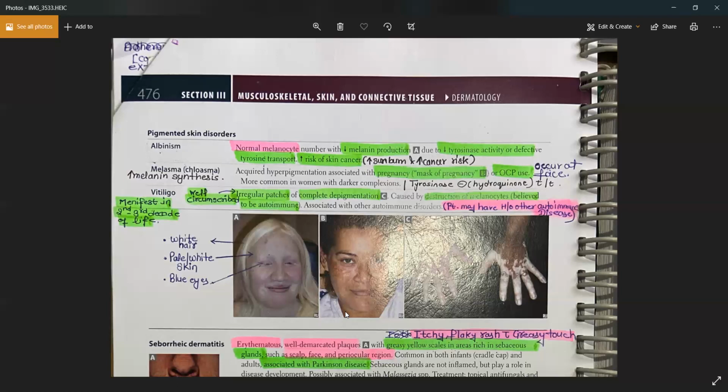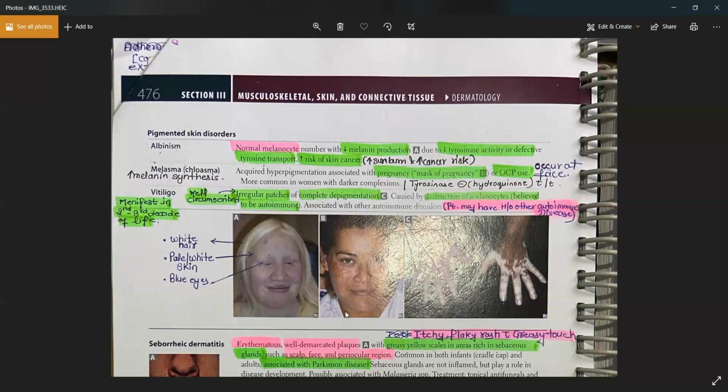Are you sure? It's tyrosine hydroxylase which converts tyrosine into dopa. I'm saying the conversion of tyrosine to dopaquinone.